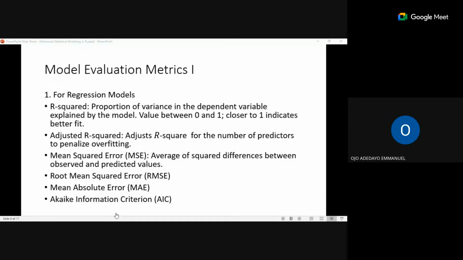So let's continue. Then we have what we call the adjusted R squared. Let me explain it in layman's language. We have a general name for our petrol, diesel, and the like: we call them crude oil.